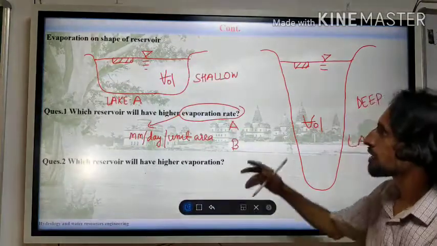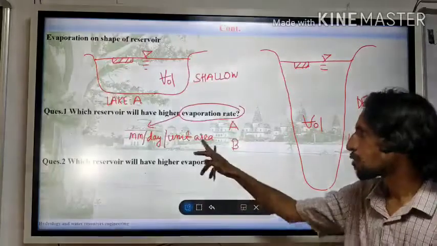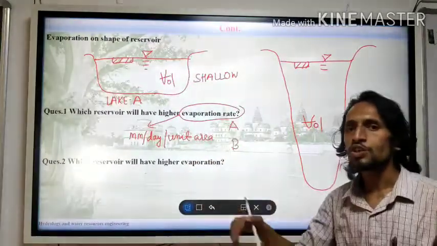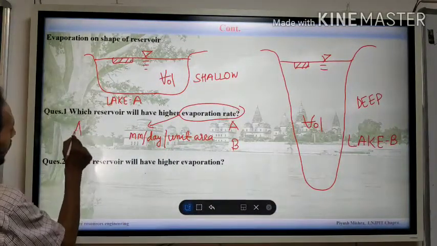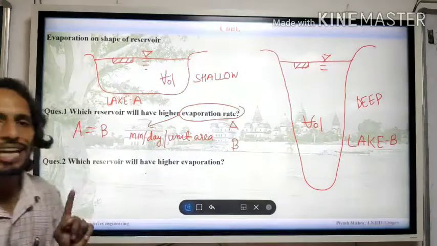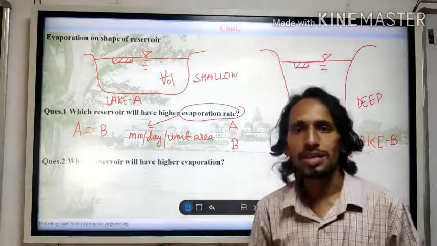Okay, so if you see here, in both the lake we are talking about unit area. So the correct answer is A is equal to B. Evaporation rate is same for both the lake.